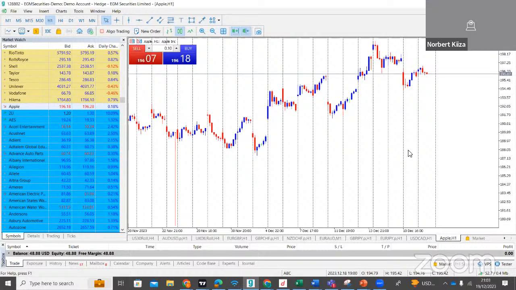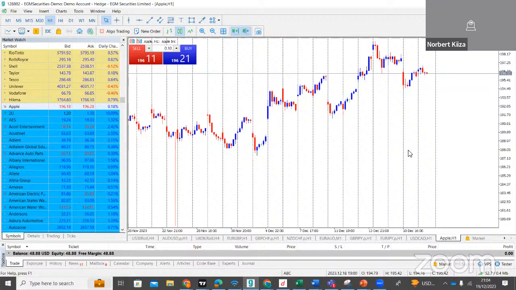So instead of having a margin of 196 for one stock of Apple, you'd only require to set aside 5% of 196, which is around $9.80 to own one share of Apple. And that is the beauty of leverage.